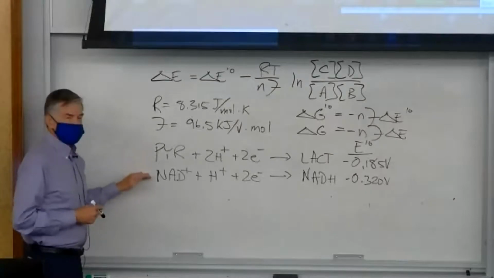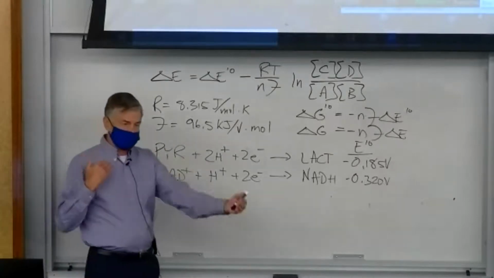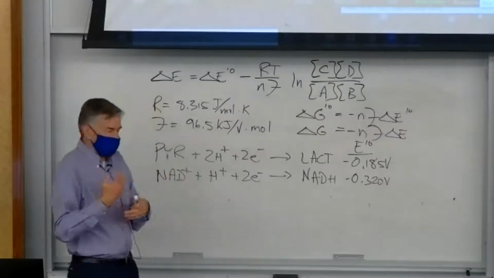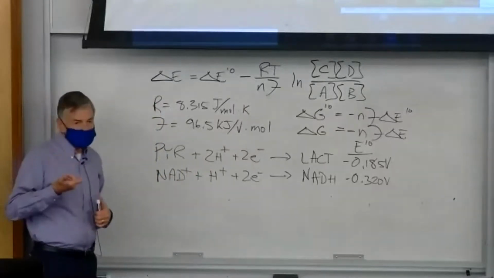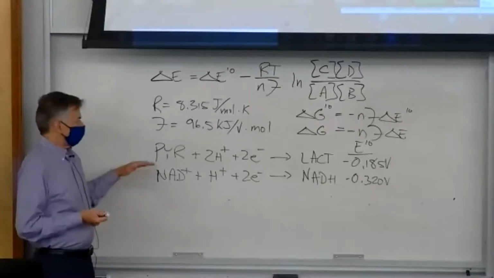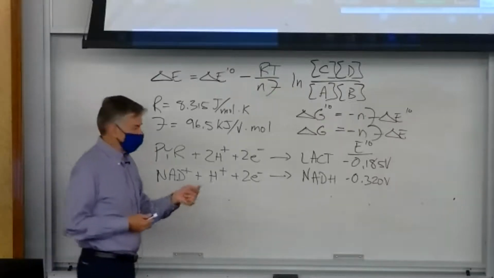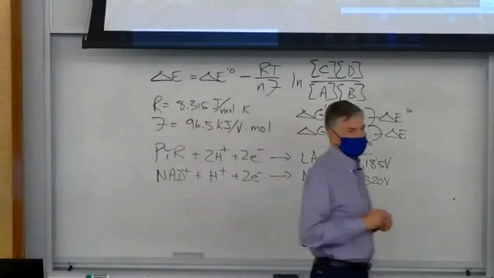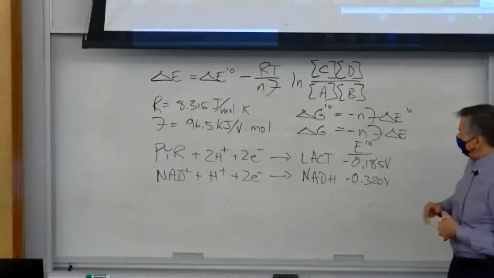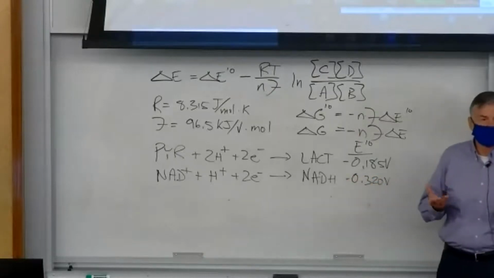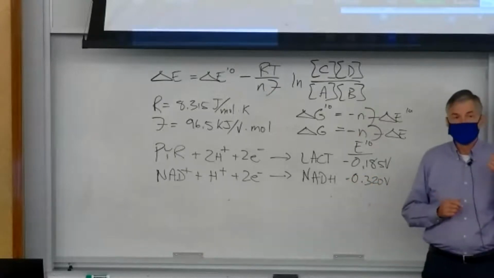So one of these now needs to be reversed. We need to change the direction of the reaction to represent an oxidation. Remember that if there is a reduction, there must also be an oxidation for any redox reaction. So one might ask, how do I know which one to change?